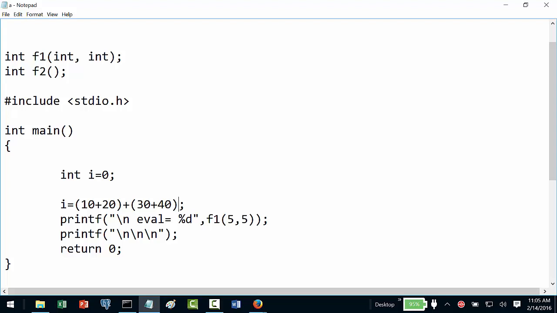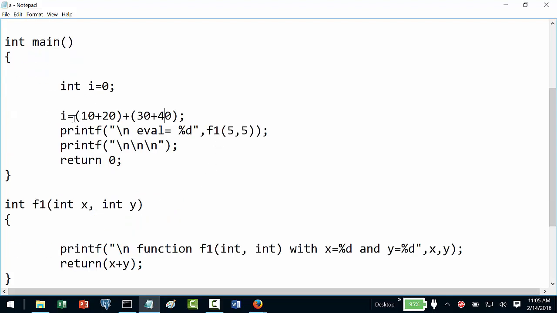We have seen that there are two parameters here, two sub-expressions to be precise, and both have equal priority because both are looked at as parameters, 10 plus 20 and 30 plus 40. But technically, you may say, sir, first this is performed because of left to right, and then that is performed. Absolutely no problem.